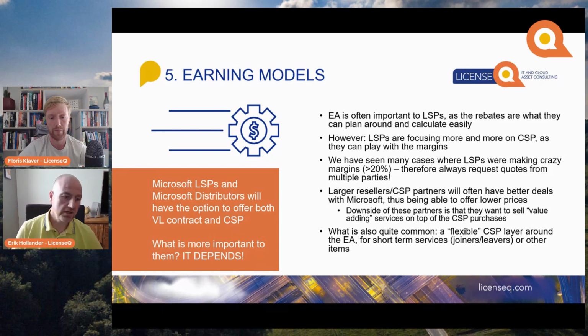But then again, a smaller partner could be more flexible when it comes to hitting the target they had at Microsoft. And perhaps there is a moment in time where a Microsoft CSP partner is willing to provide you a one-time discount or an additional discount in order to hit their target. And it could be very beneficial for you. So you should always investigate that as well.